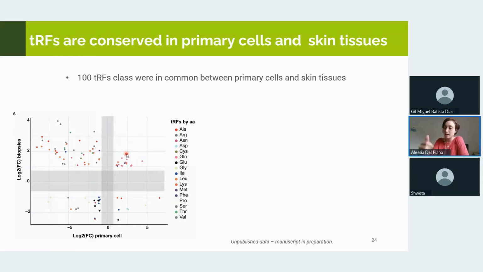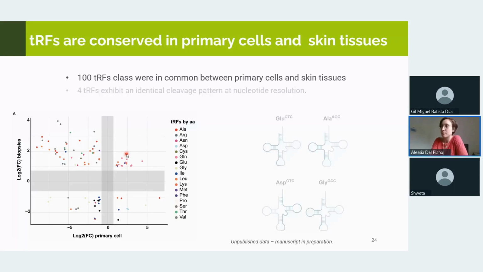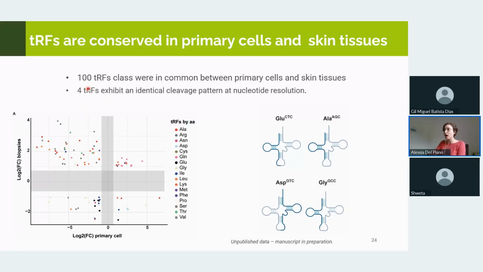So we moved forward and looked at the cleavage pattern of these in-common tRNA fragments. And what we found is that 4 tRNA fragments among the 100 exhibited an identical cleavage pattern at the nucleotide resolution between the 2 datasets.